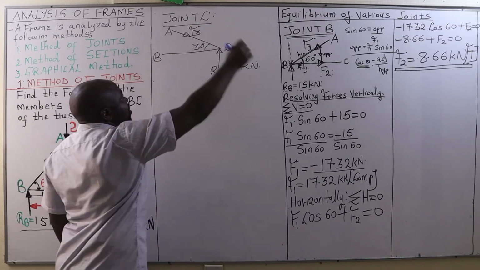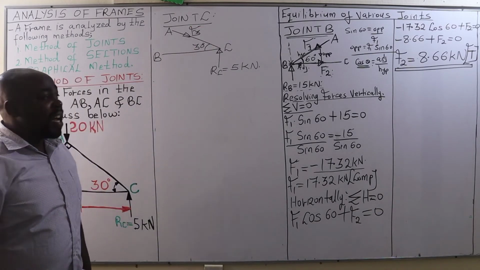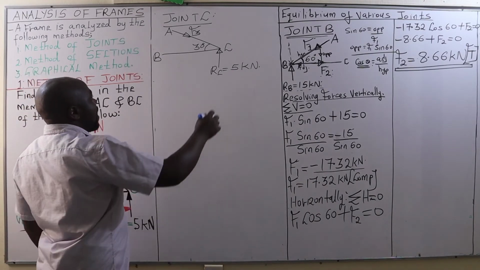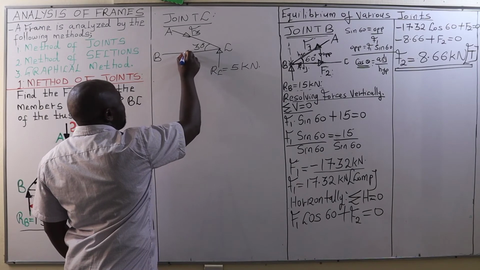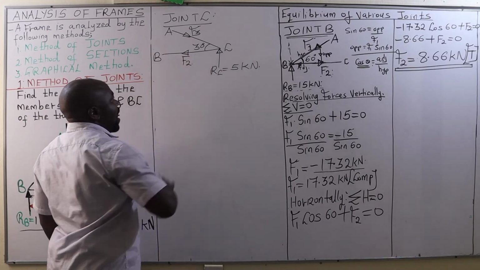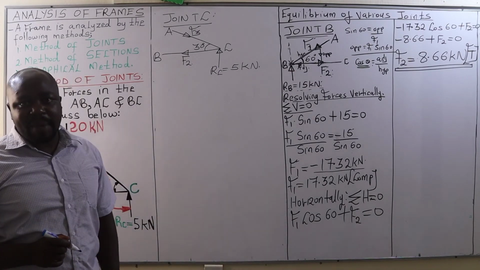A force, we are going to call it F3. And let's assume that the force is compressive. On member CB, we are going to have a force F2 acting on that member.